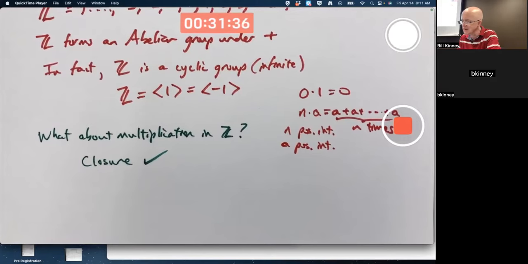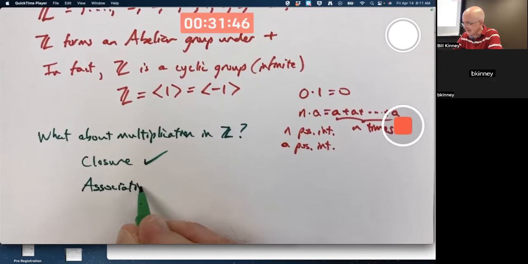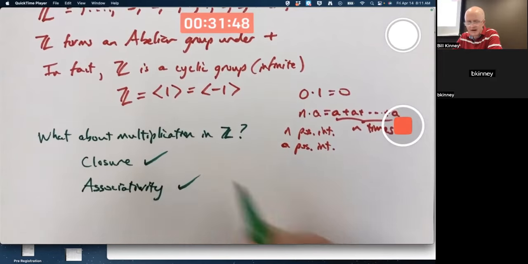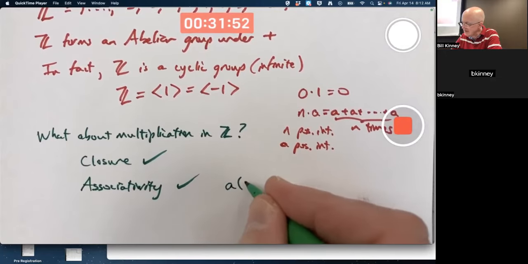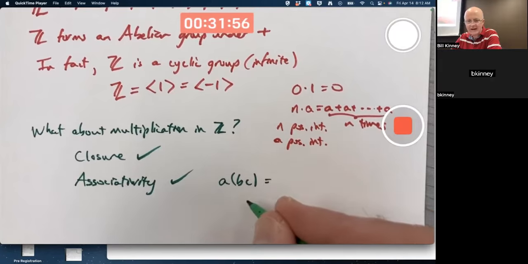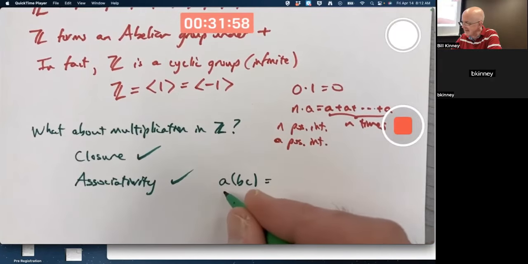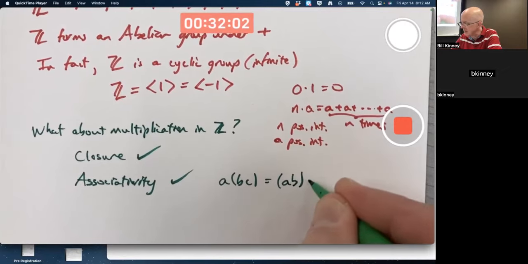Multiplication of two integers is a binary operation. Associativity still works. Associativity, check mark. If a, b, and c are integers, and I'm multiplying them, I can multiply b and c first, and then multiply a by that, or I can multiply a and b first, and then multiply by c.